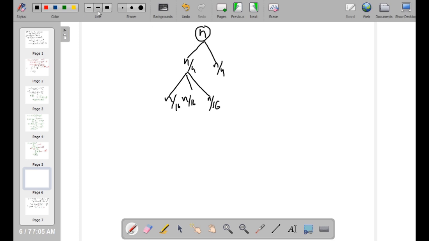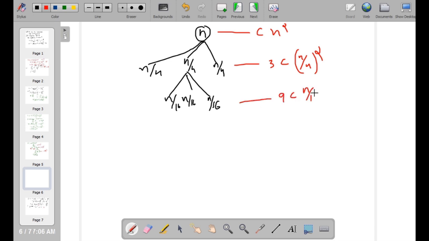Okay, then the cost here is, sorry, not 2, it is 3 n by 4. The cost is Cn square. Here the cost is 3Cn by 4 square. Here the cost is 9Cn by 16 square.